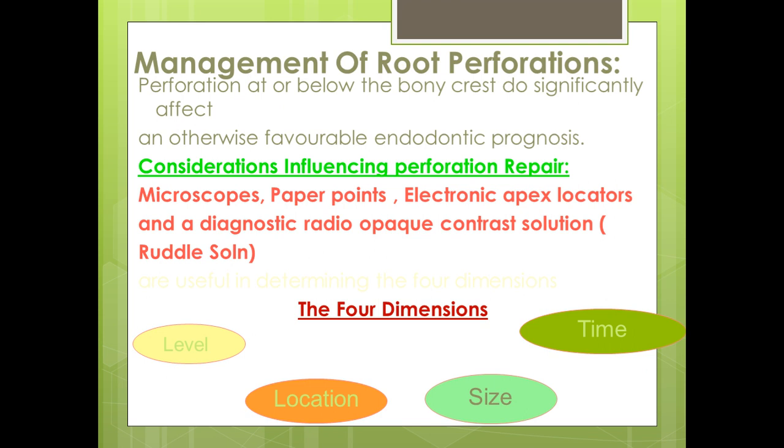As I discussed, if it is smaller, you can achieve hemostasis very well. If it is large, it will require time, and the prognosis will be poor. And the time between the occurrence of the perforation and repair of the perforation, as we discussed in part 1.